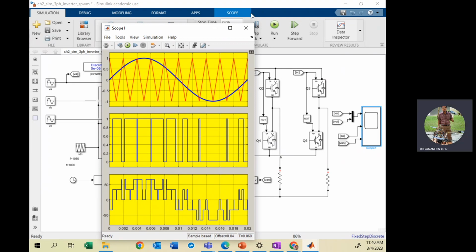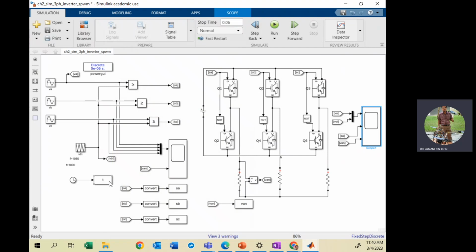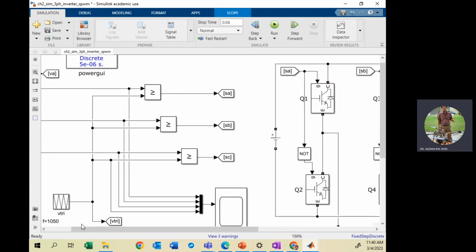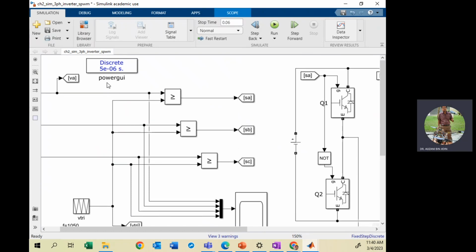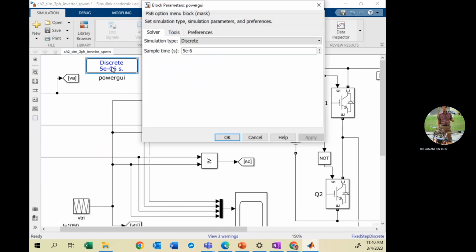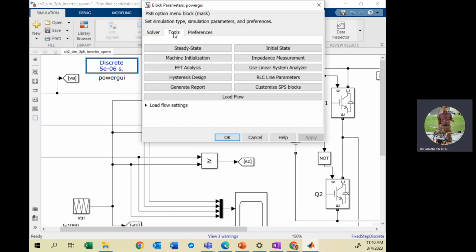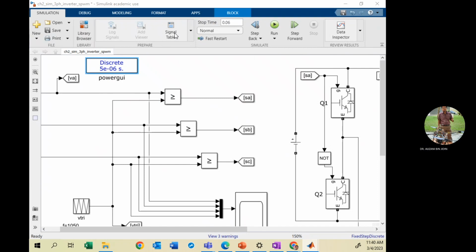Okay, here, this is the phase voltage. Then to see the frequency spectrum of the output voltage, you can use the Power GUI block here. Power GUI stands for Power Graphic User Interface. You double click this block, then go to the Tools tab, and go to the FFT analysis.